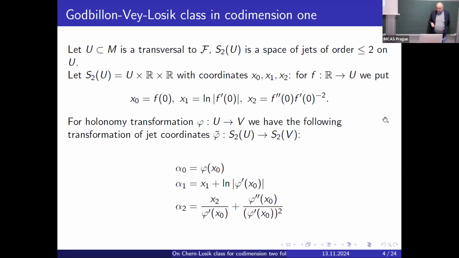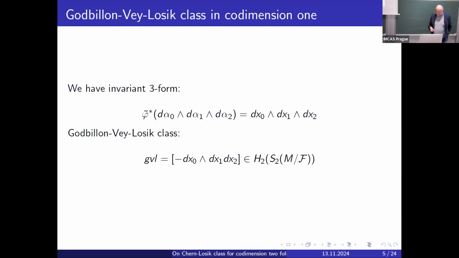Here x0, x1, x2 are coordinates in U, and alpha 0, alpha 1, alpha 2 are the corresponding coordinates in V. Then we have the following invariant 3-form: d alpha 0, d alpha 1, d alpha 2, and dx0, dx1, dx2 is the same form in different coordinates. So we have invariance of this form, and this gives the first characteristic class, the Godbillon-Vey Losik class.